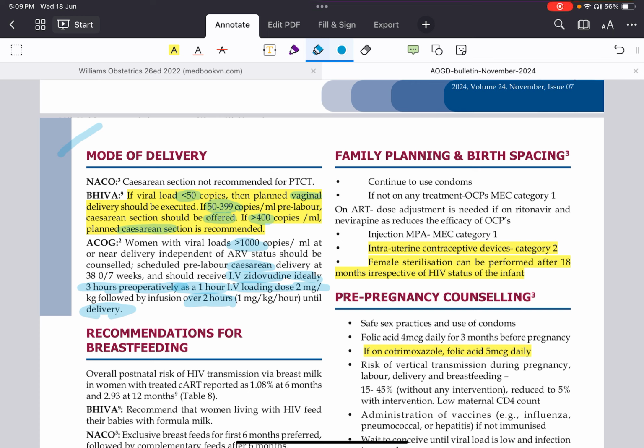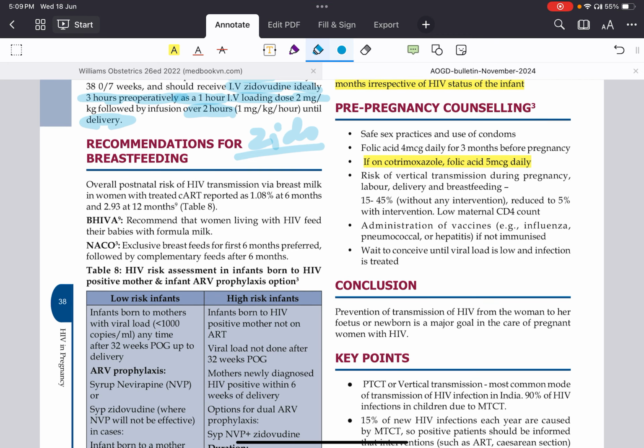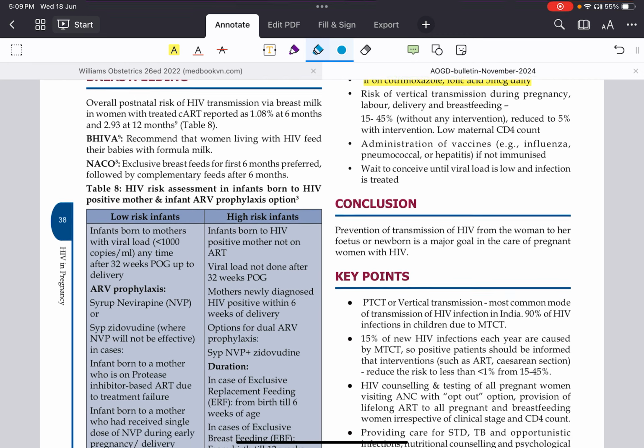Before cesarean, you give IV zidovudine 3 hours preoperatively, 2 milligram per kg body weight for 1 hour. Then for 2 hours you give 1 milligram per kg body weight per hour. Hope you remember this till the exam.